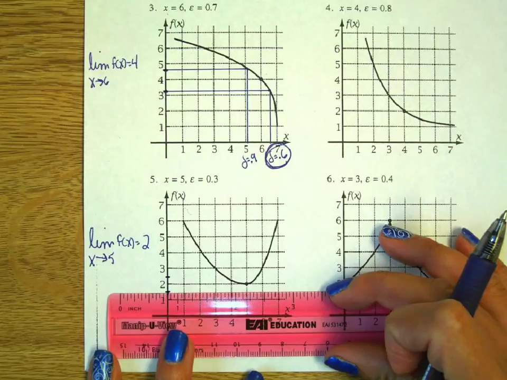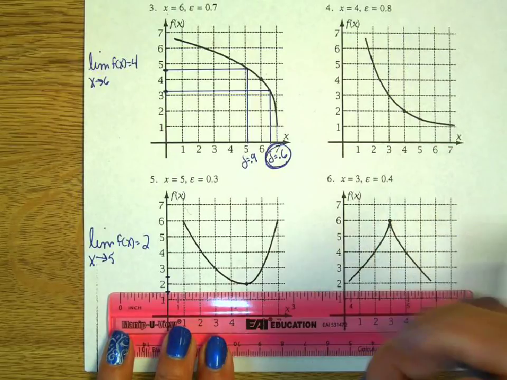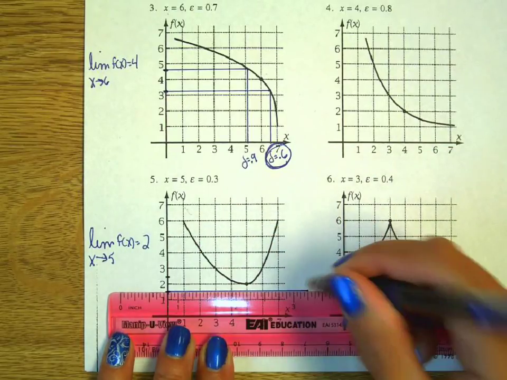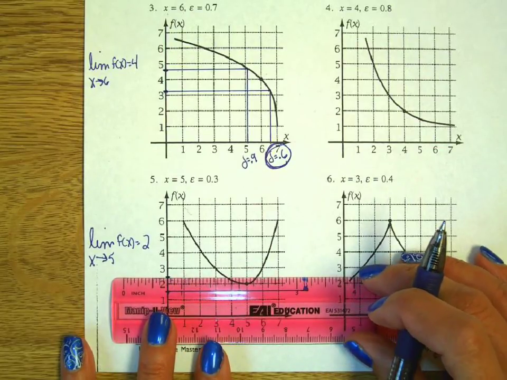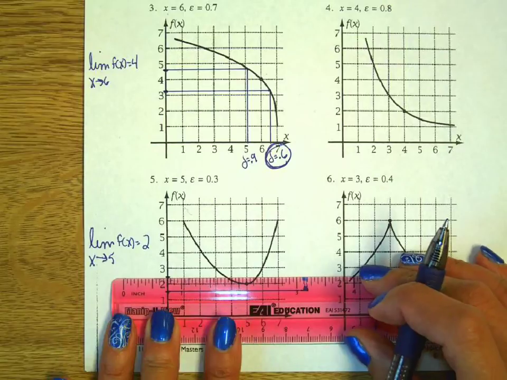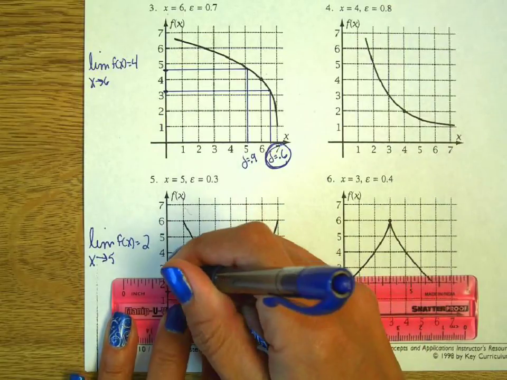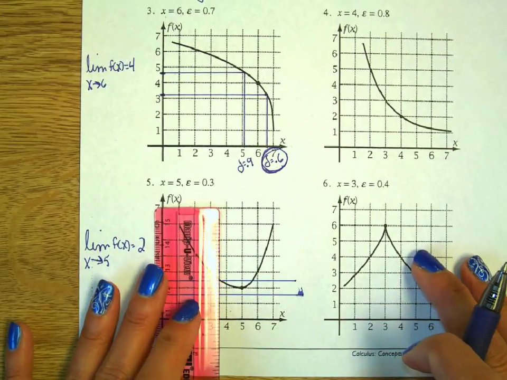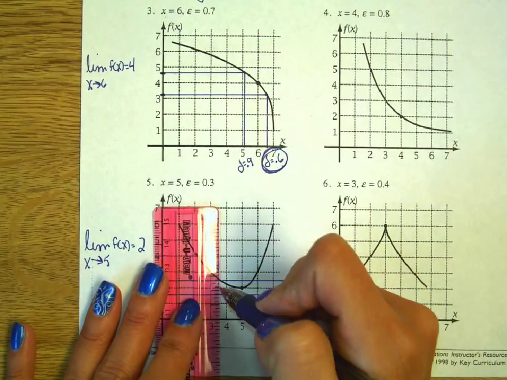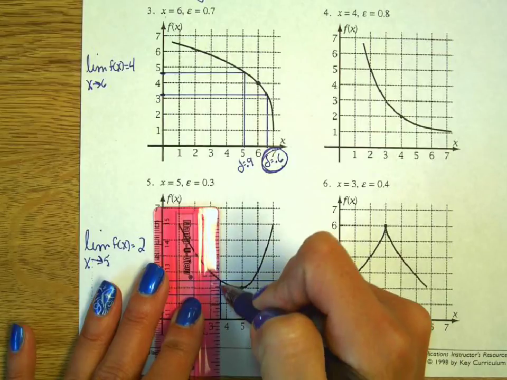Okay, if you look here, this isn't going to help me at all. That one does nothing for me. This one hits the graph twice. So I still get 2 delta values.